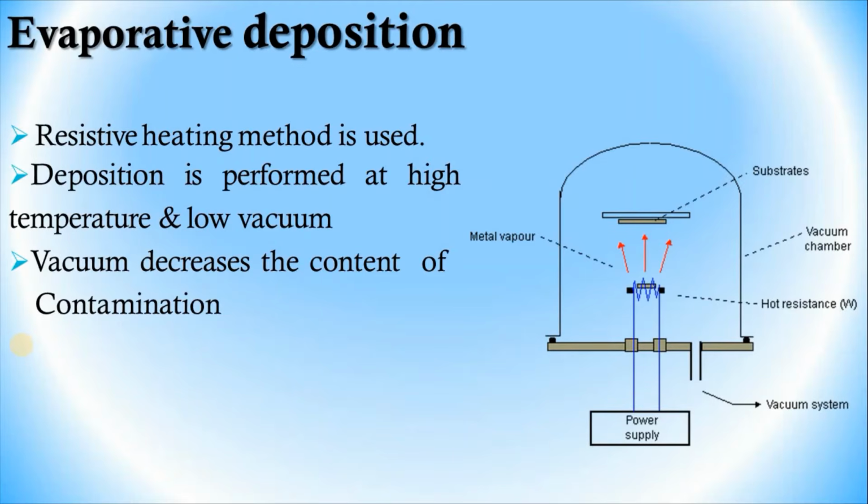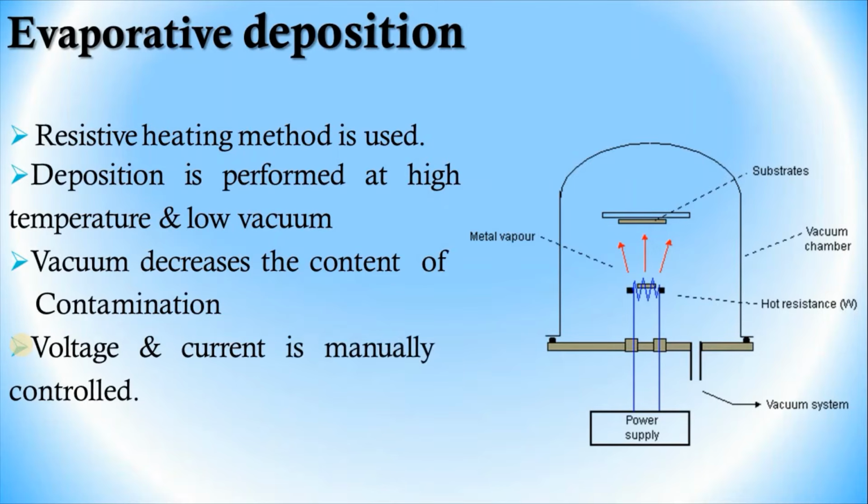The substrate can also be heated to the desired temperature by means of resistance heating. The thickness monitor with a quartz oscillator measures the thickness and the deposition rate. The voltage and current we control manually. That is evaporative deposition.